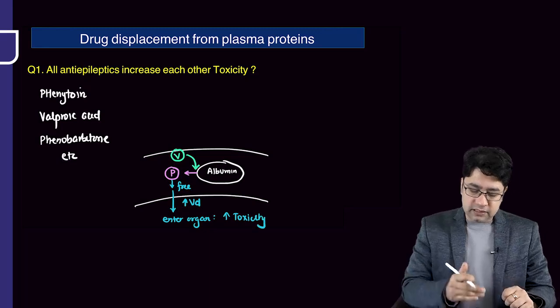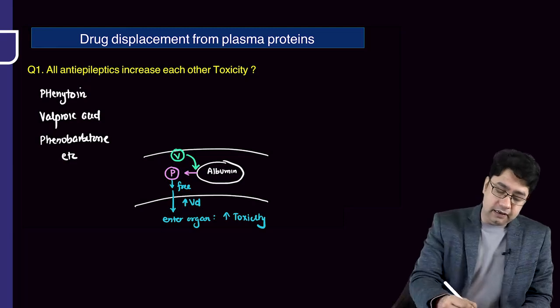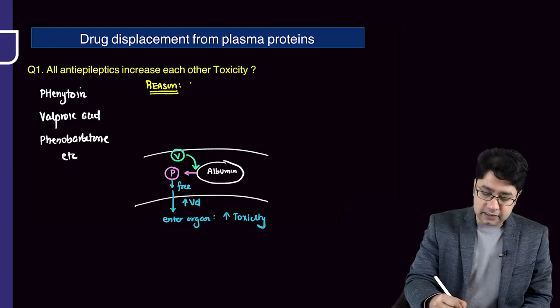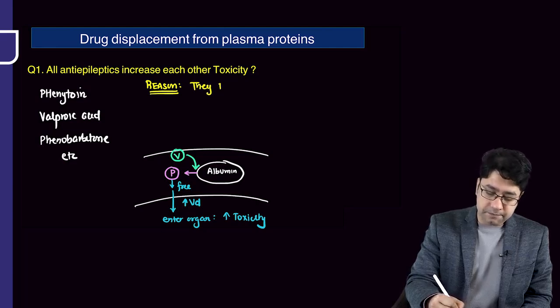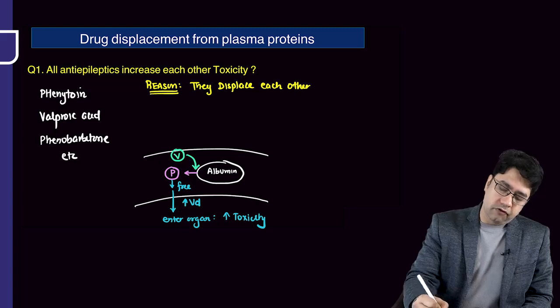So now see the definition again. All anti-epileptic drugs increase each other toxicity. We will write the reason in word format. That reason is they displace each other from albumin.